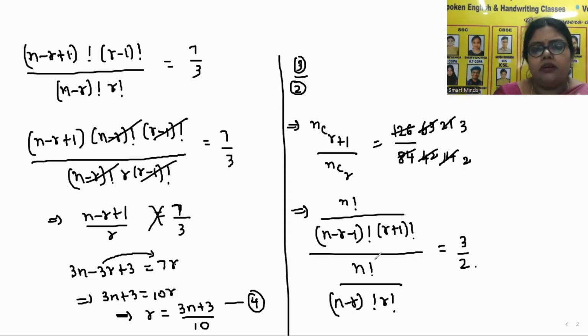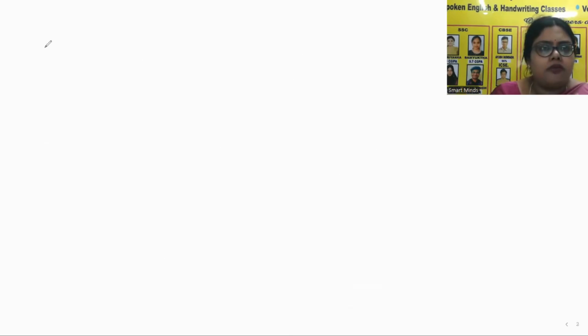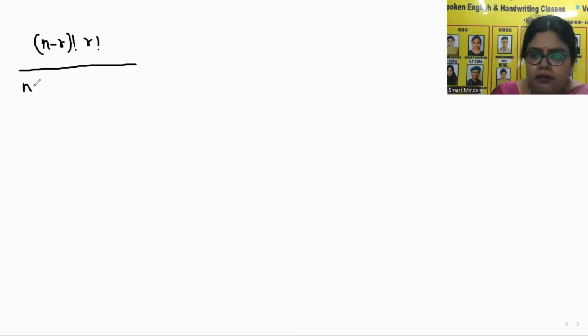So now over here n factorial cancels. Now we take the denominator to the numerator. So we will get (n minus r) factorial into r factorial by (n minus r minus 1) factorial into (r plus 1) factorial is equal to 3 by 2.